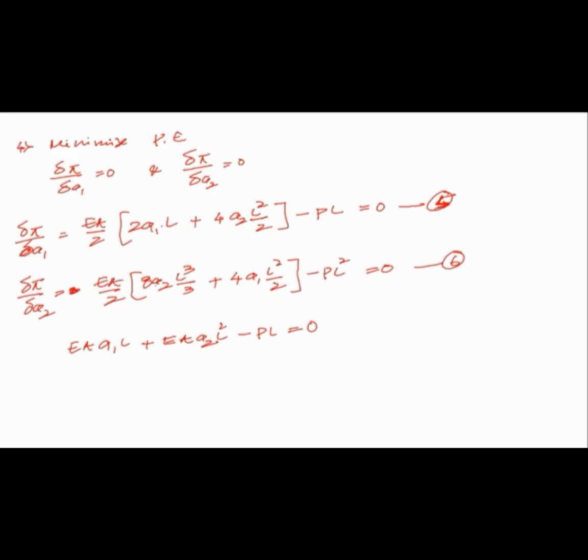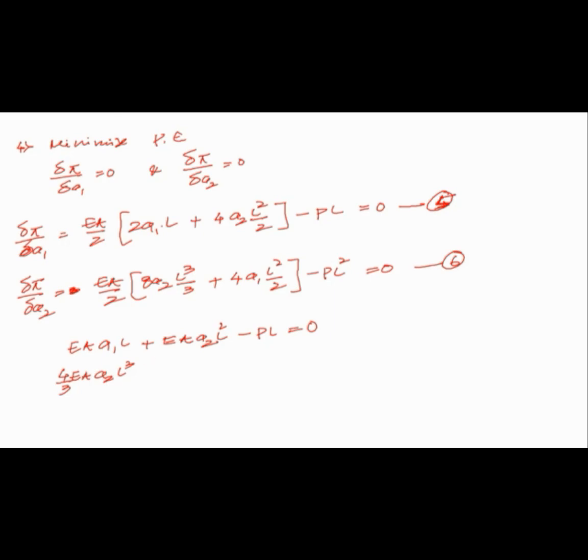Similarly, this EA you can take inside the bracket. So what am I going to get? This is 2, this is 4. Correct now? So it is 4 by 3 EA A2 L cube, I'll keep it outside. Is it correct? 4 by 3 EA A2 L cube.